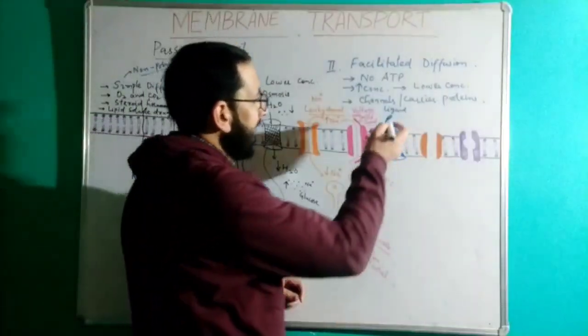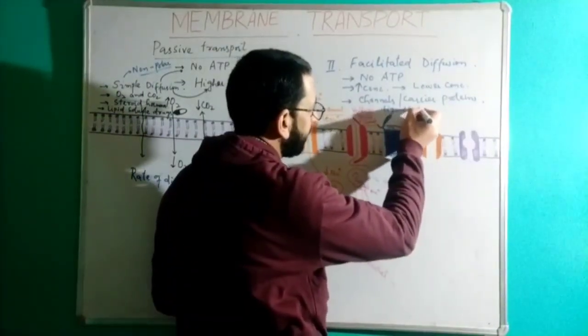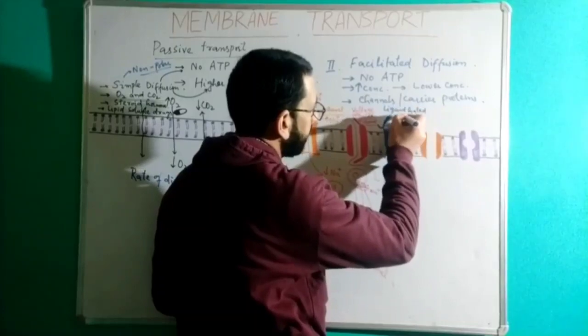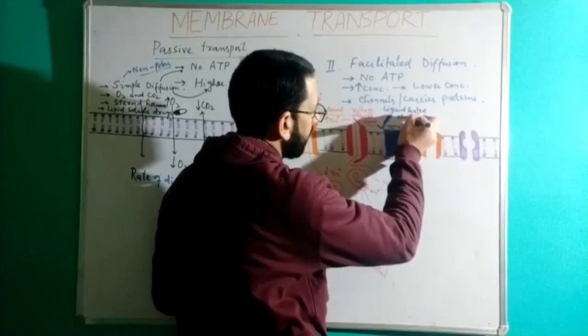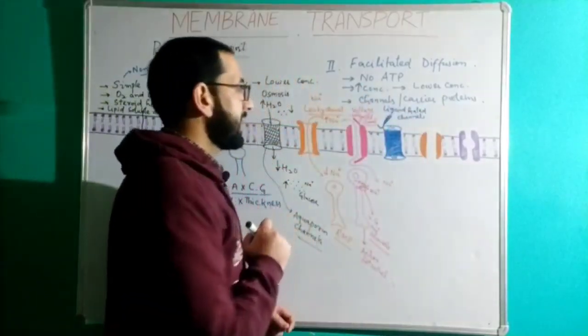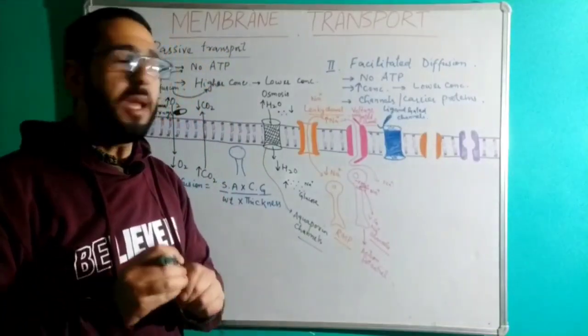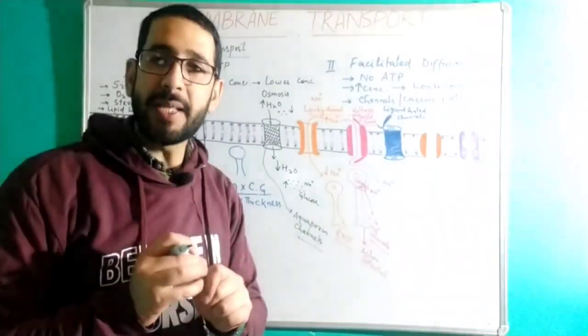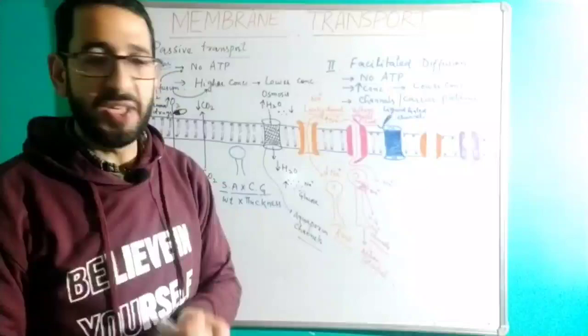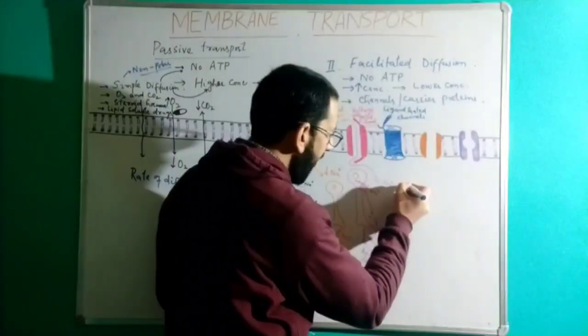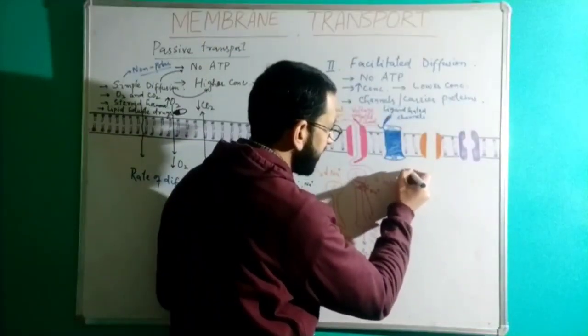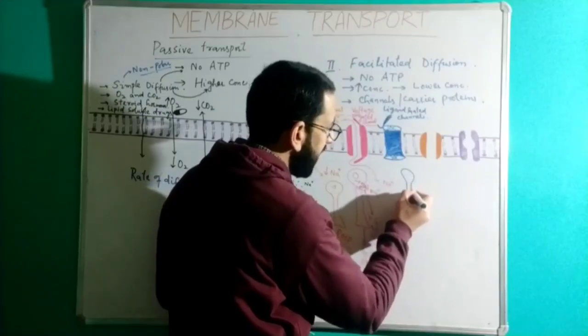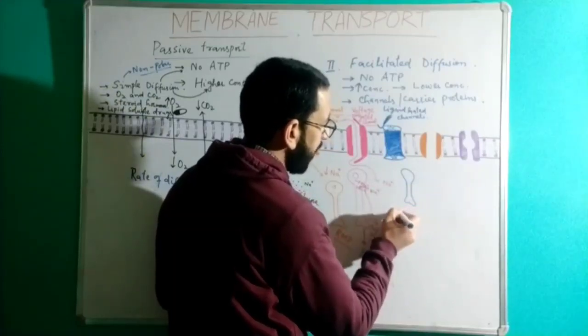Right, now ligand gated channels, the best example is the neuromuscular junction. Right, so neuromuscular junction is definitely going to be a junction between a neuron and a muscle.